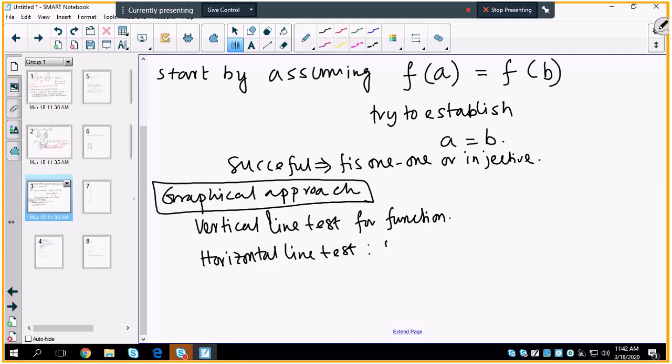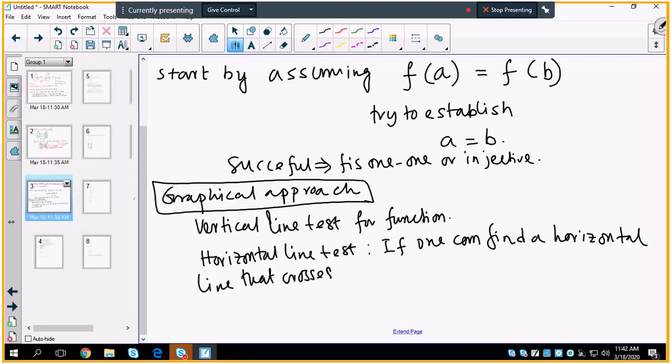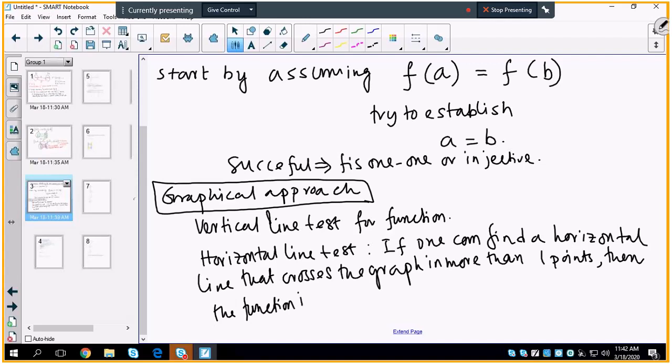Or in other words, if one can find a horizontal line, so remember the horizontal line represents the height, that crosses the graph in more than 1 point, then the function is not 1-1 or injective. And I need to do all this extra work in order to understand whether we can talk about the inverse of a function or not.